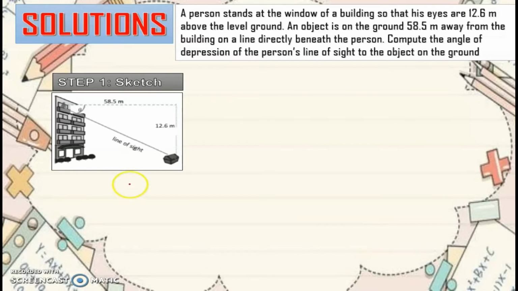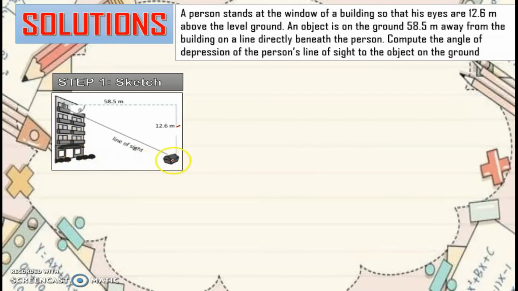So here, there's a person standing at the window of the building so that his eyes are 12.6 meters above the level of the ground. From the ground up to his line of sight, that is 12.6 meters, which is here. And an object is on the ground here, 58.5 meters away from the building, directly beneath the person.